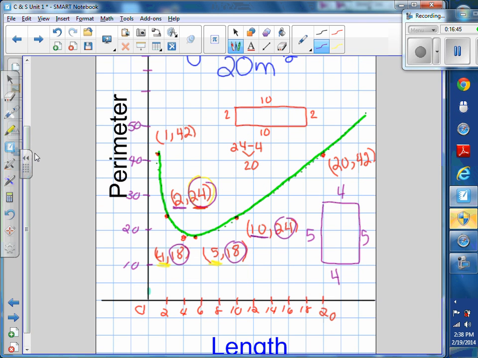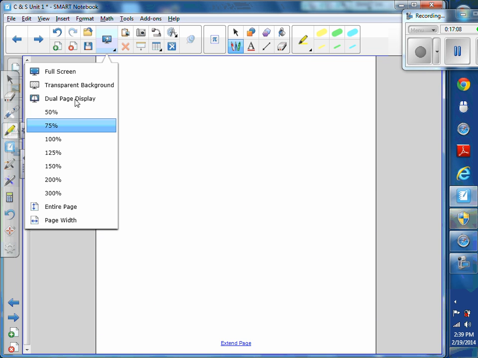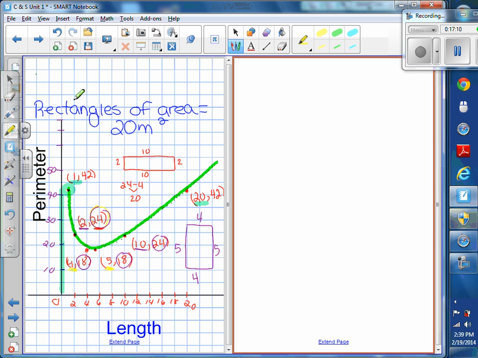Then you would find the rectangle with the greatest perimeter by going up perimeter and finding the highest perimeter, which here is 42. That's the highest point. And then the dimensions of that are 1 by 20.